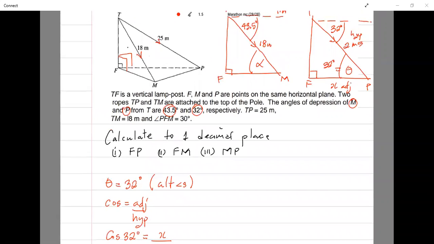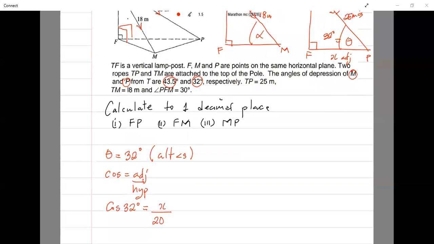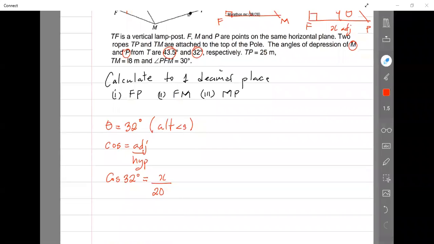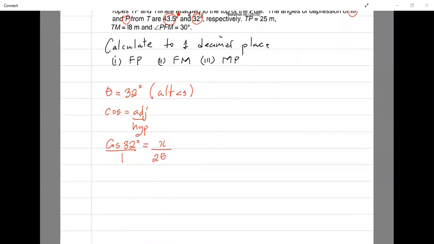All right, it's actually 25. So it's not 20, it's 25. If I have one fraction equal to one fraction, I'm going to cross multiply.